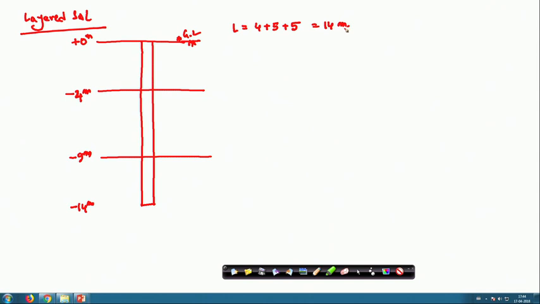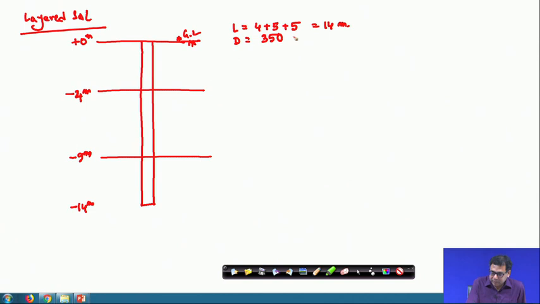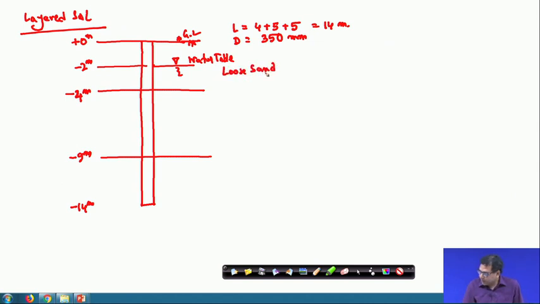And the diameter of the pile is taken as 350 millimeter, and the water table is at 2 meter below the ground level. This first soil is loose sand, and the gamma value is given as 17 kilonewton per meter cube.